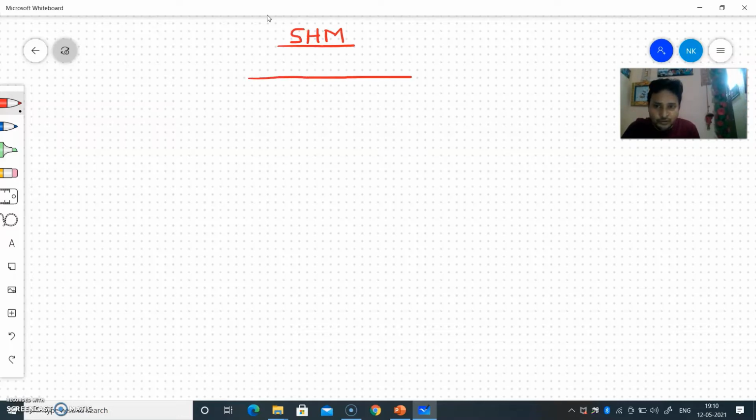So let's assume the particle is oscillating around the mean position O from P to Q. At x equal to 0, that is the mean position, the force acting on the particle is F equal to minus kx. So here the force is 0. This position is the point of stable equilibrium.